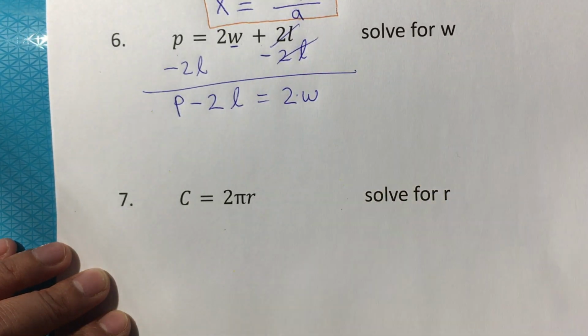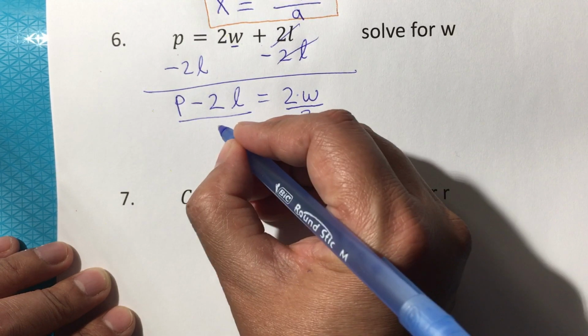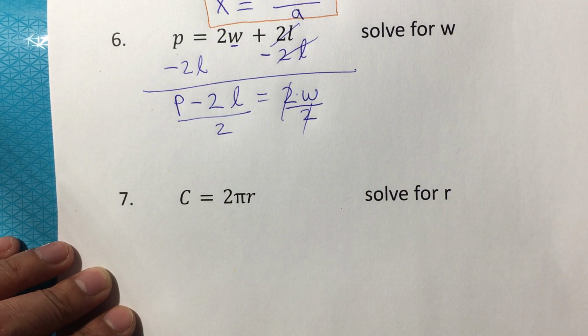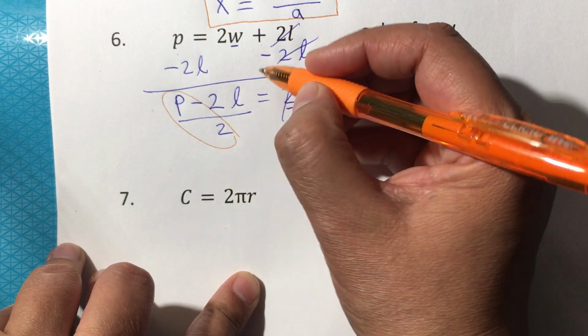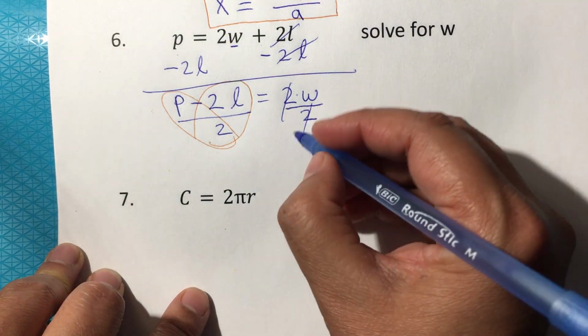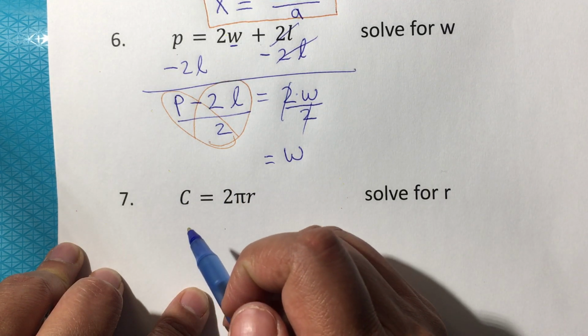But we don't want to know for 2 widths. We need to know for one of them. And so we divide by 2. This cancels. And so we notice in here that the p cannot be divided by 2, but the negative 2l can be divided. Okay? So the w is equal to p divided by 2.